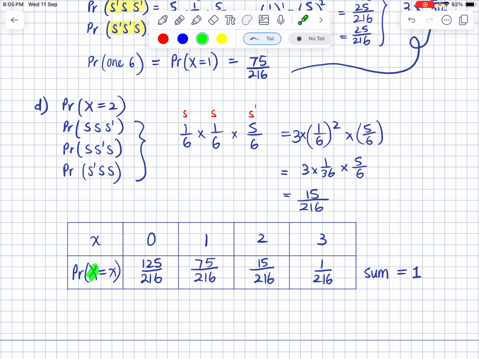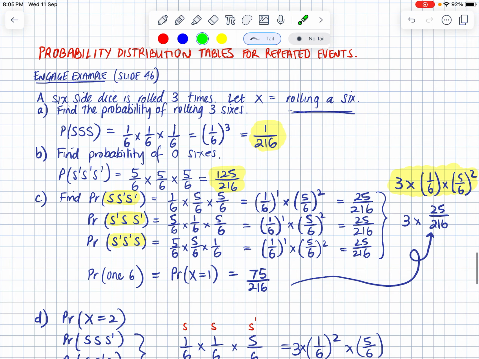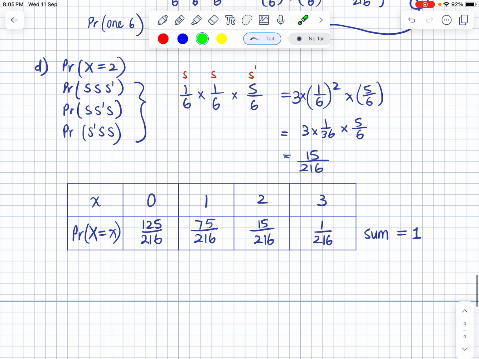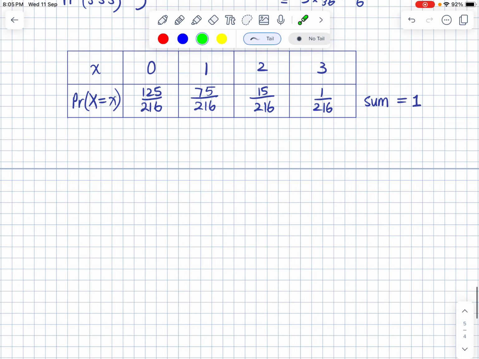So this was my probability of rolling a 6 x times, where x is 0, 1, 2, and 3. Okay, so they're probability distribution tables. We're trying to be a little bit more efficient with how we calculate those numbers, and we're starting to think about combinations for arranging the possibilities.